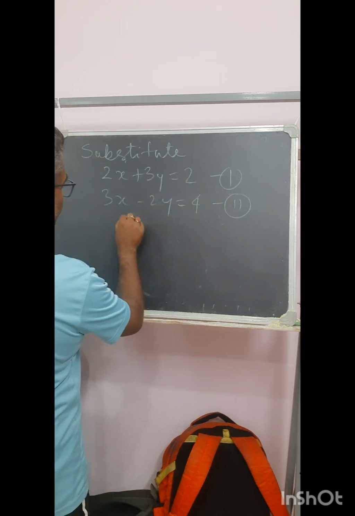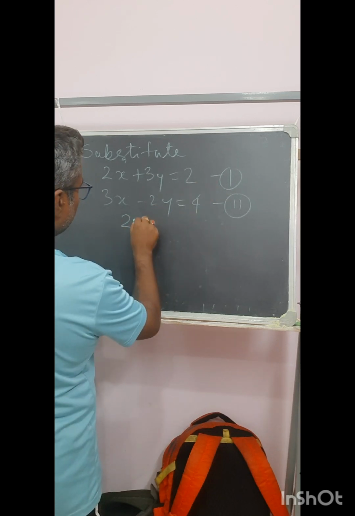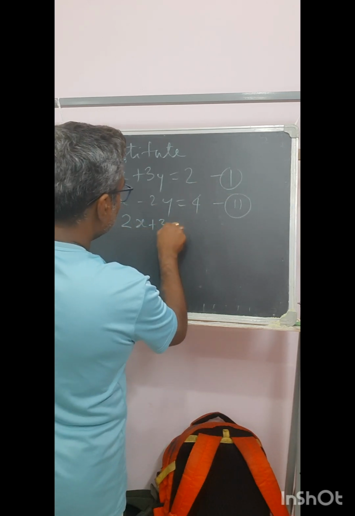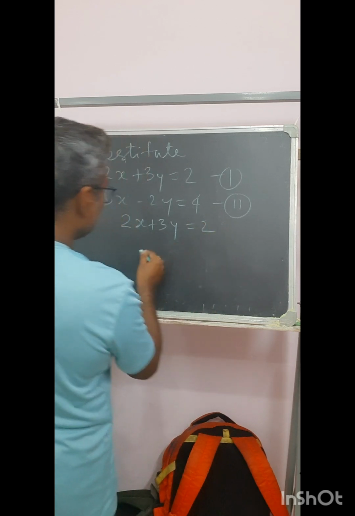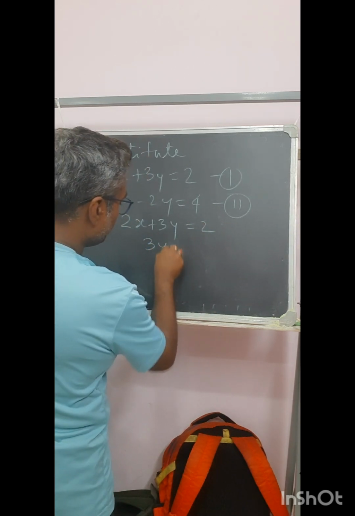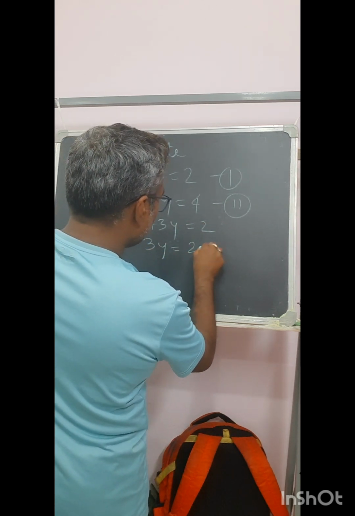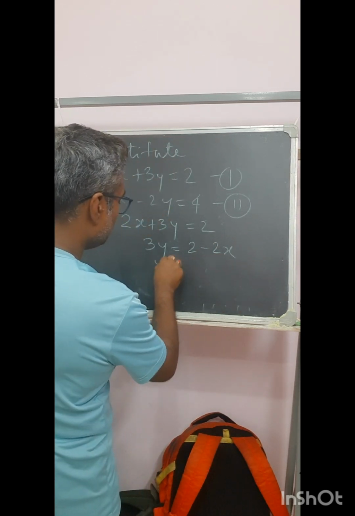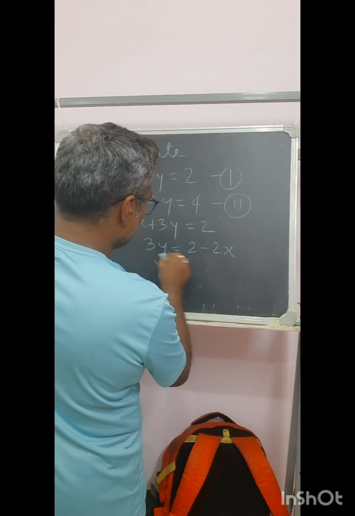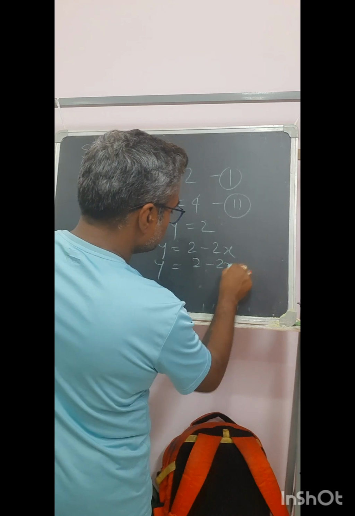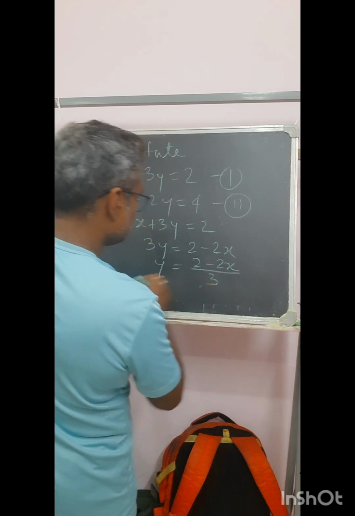If I consider equation 1, it is 2x plus 3y is equal to 2. So from there I can say 3y is equal to 2 minus 2x, and y is equal to (2 minus 2x) by 3.